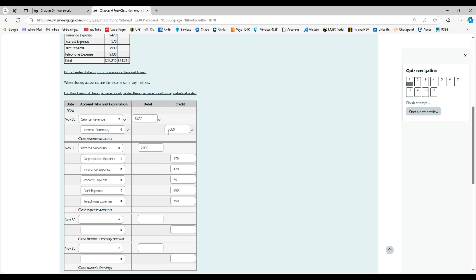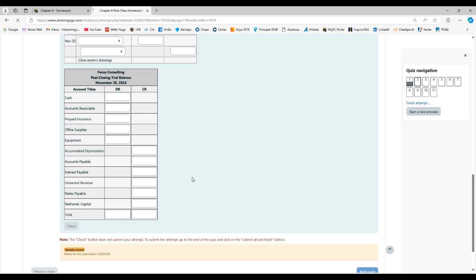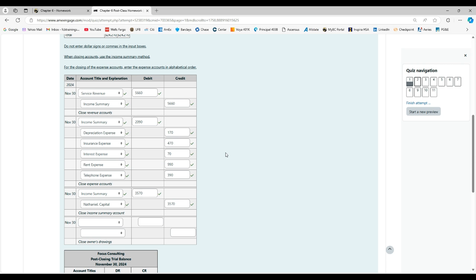These two combined, the 5,660 minus the 2,090, leaves us with 3,570 of a credit balance. And so we want to debit that, because this is bigger than that. When it's an increase in the income summary, this is a decrease, but the residual stands on the credit side. So now we're going to debit that to get the income summary to go to zero, for the difference of 3,570 between these two. And like I mentioned, we're going to move that into the capital account.